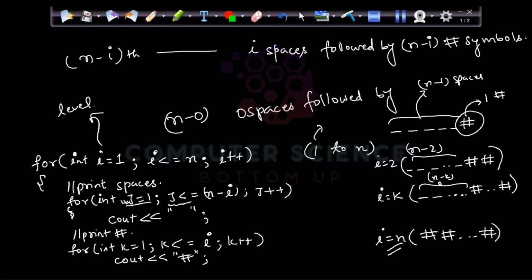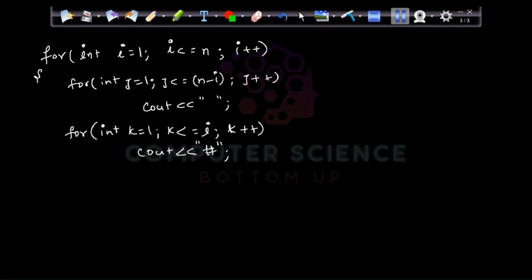These statements will do my job. Let me write this code in a new page, and at the end I have to do endl, otherwise it will not go to a new line.